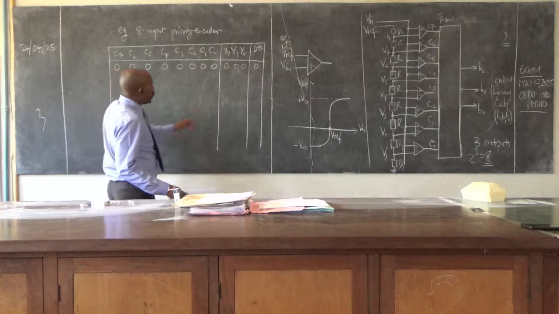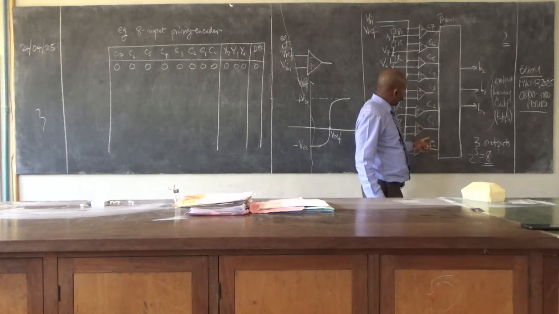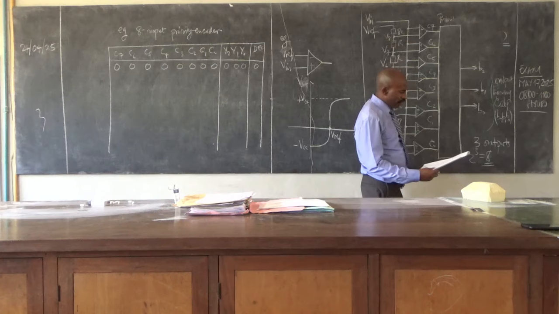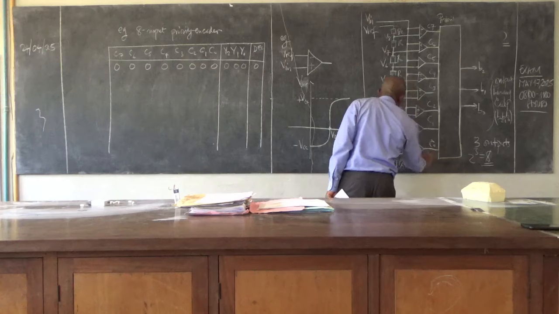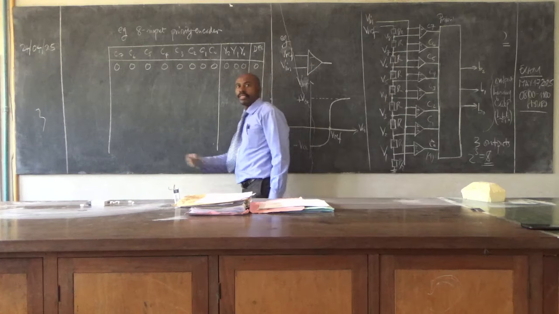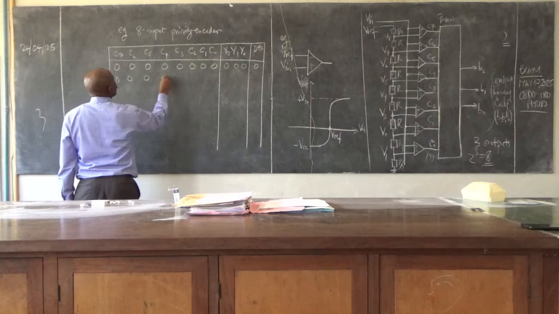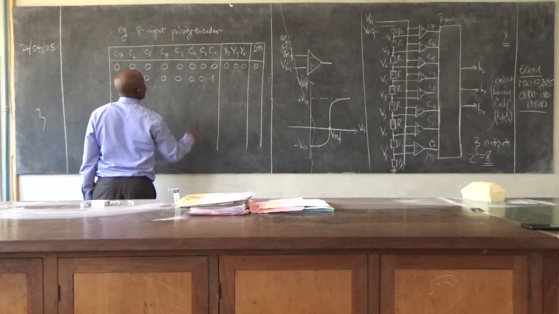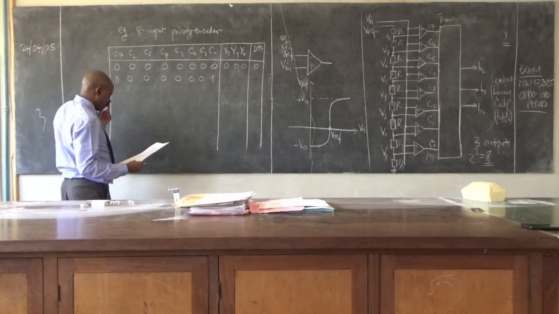So now we switch this one. So we now make this one input 1. Give it an input. So 0, 0, 0, 0, 0, 0, 0, 1. Like that, until all of them are switched on.